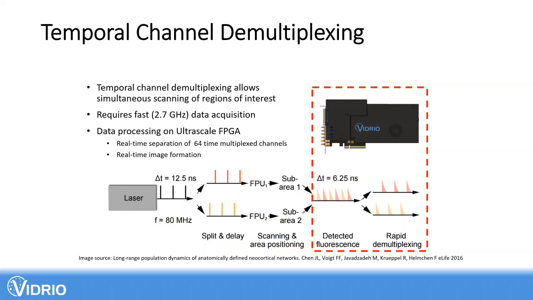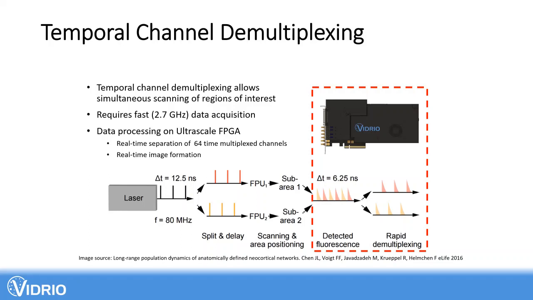Of course, with an 80 megahertz laser, you've got a 12.5 nanosecond window between pulses. So you'd split the beam, delay one, and then image in two places. And then the data comes in mixed, and then you can demultiplex that with this kind of high-speed data acquisition approach.